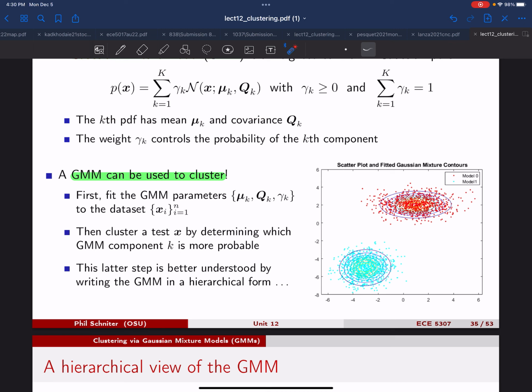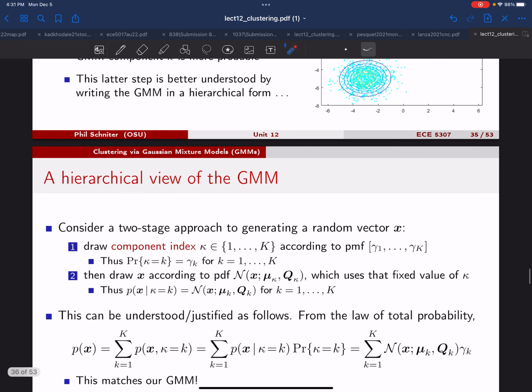Someone tells you the gamma k's, mu k's, Q k's, and then you want to generate dots like these that came from that distribution. You could do this in two steps. In the first step, you draw a component index that's an integer from 1 to K, and then, given the index, you draw x according to the Gaussian PDF.